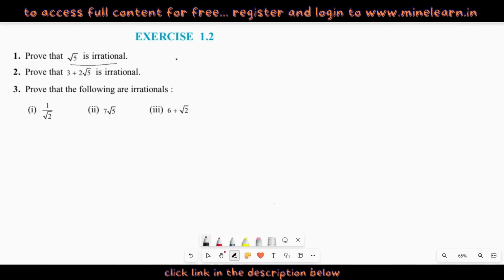First question: root 5 is irrational. First, let us assume that root 5 is rational.